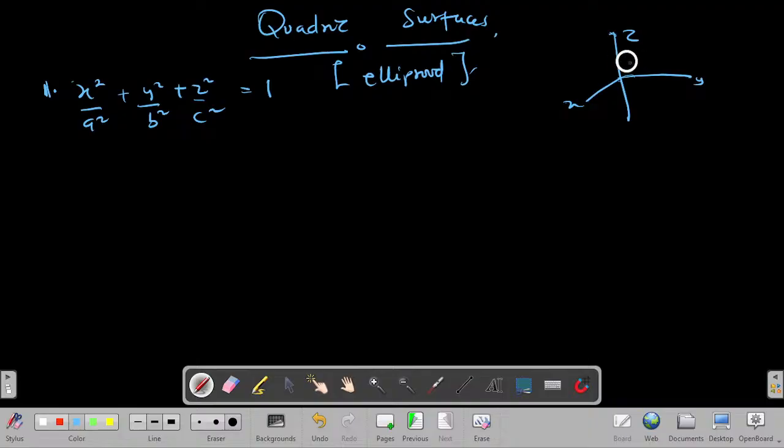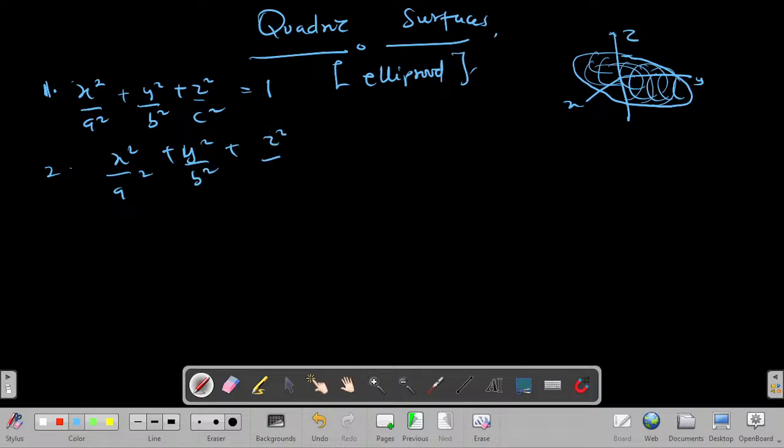It's like a sphere which has been compressed this way. So this is just a sphere, something round, but it has been compressed this way. That's an ellipsoid.